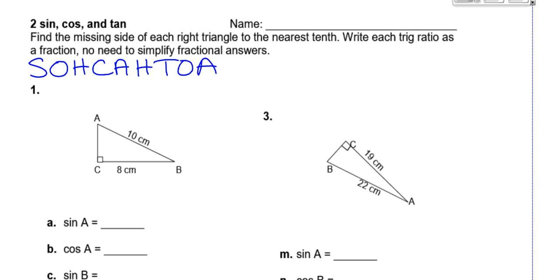It says, find the missing side of each right triangle to the nearest tenth. Write each trig ratio as a fraction. No need to simplify fractional answers. Take a minute, and the very first thing you want to do is find the missing side using the Pythagorean theorem. I'll give you a moment to do that.